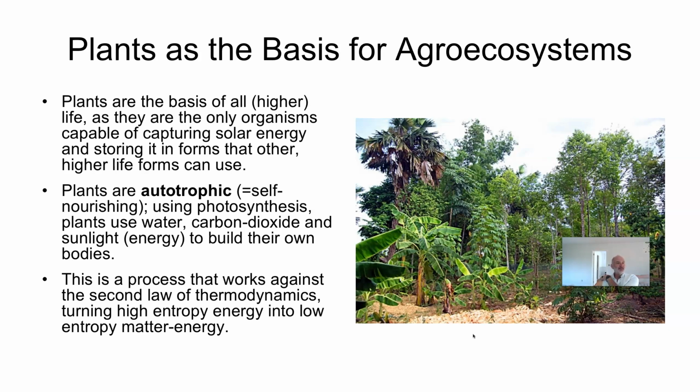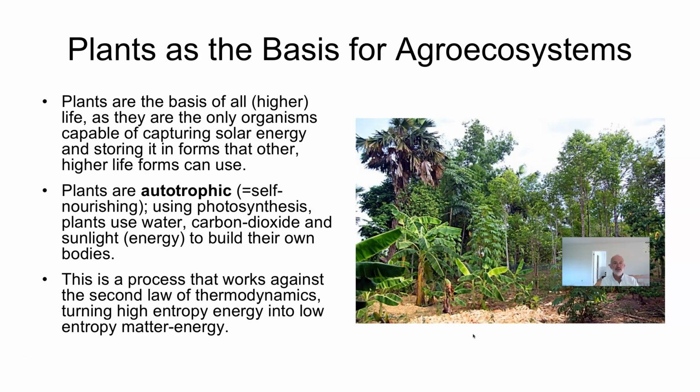Again, we think about why it is important to understand plants and their processes. Well, they are really the basis of all life because they're the beginning of our trophic levels. They're the ones that are able to capture solar energy from the sun and store it in forms that they can use and that other organisms, herbivores and others, can use as well.